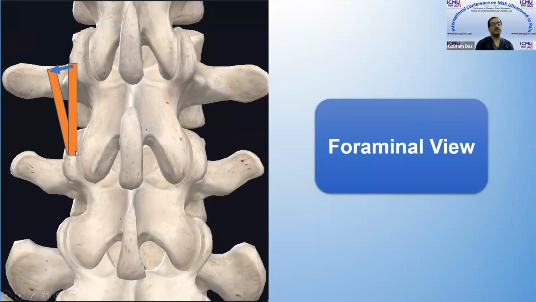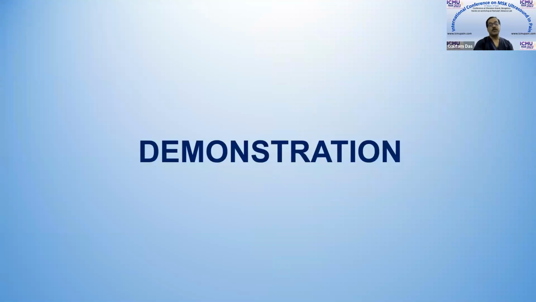This will be more superficial, this will be deeper, and through this we will be able to see the foramen, the nerve root, and the pulsating blood vessels accompanying the nerve roots, and also some of the ultrasound will go deeper into the disc. So this is the foraminal view I'll be showing.